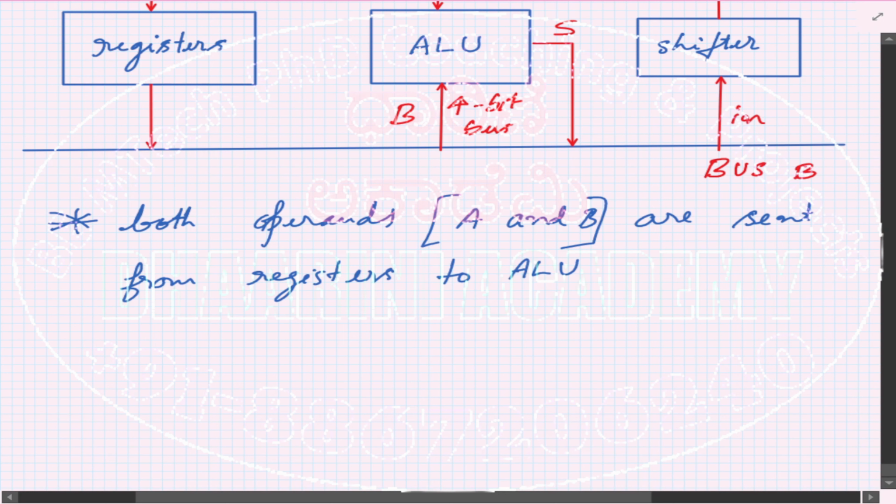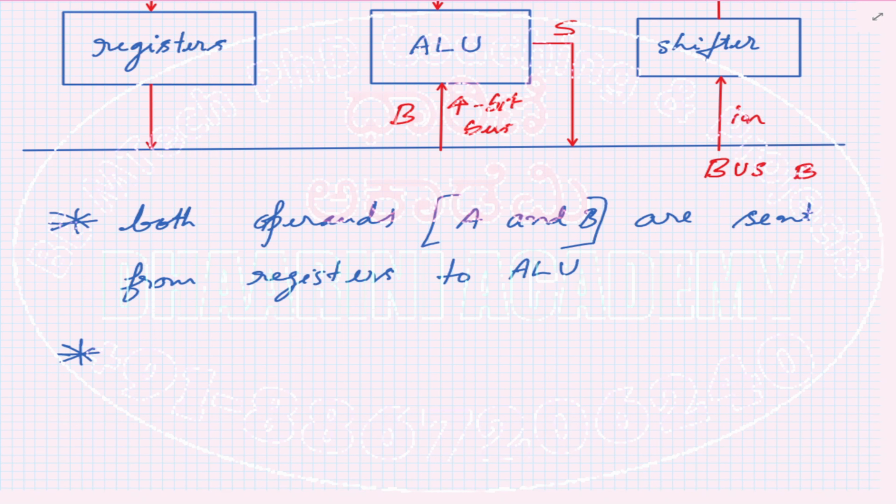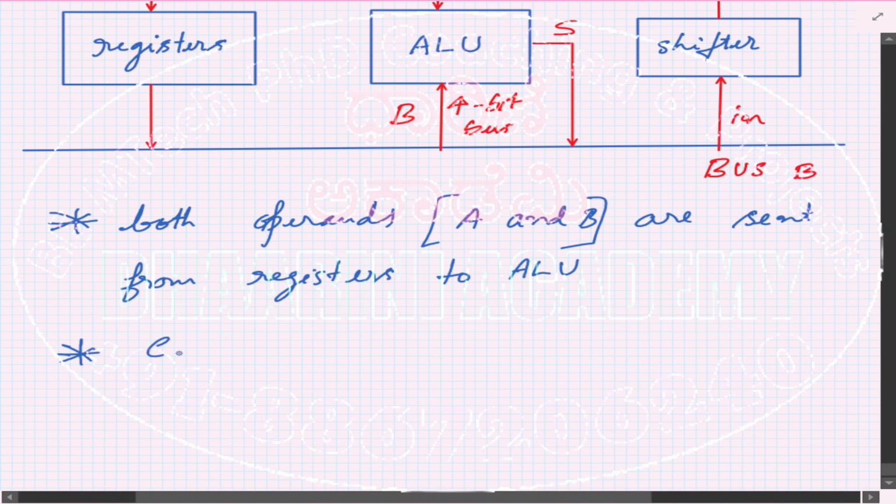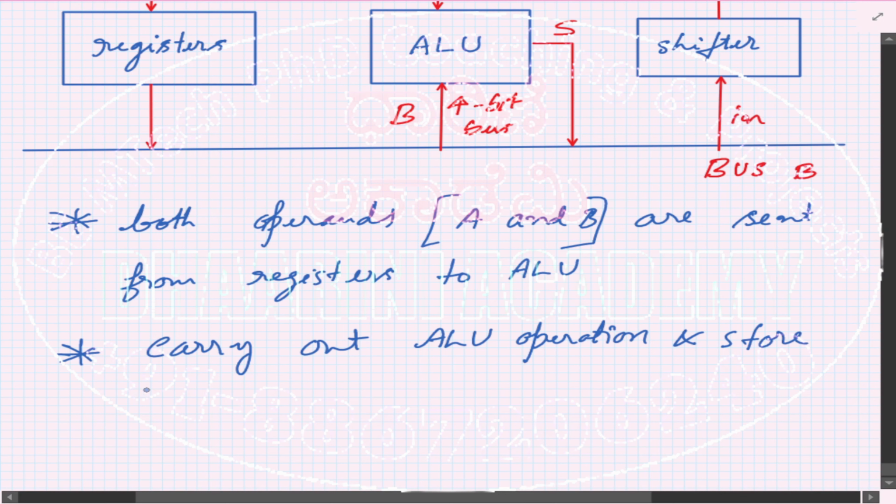You don't have to store it. As soon as they reach, you can directly carry out the ALU operation and store the result, that is denoted by S in the block diagram, in ALU first.